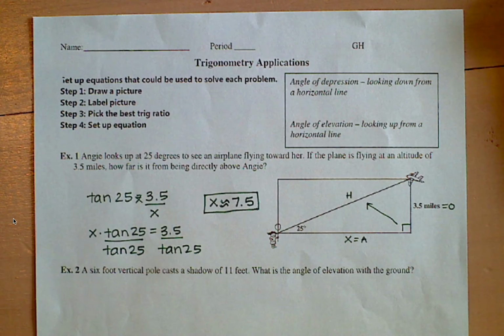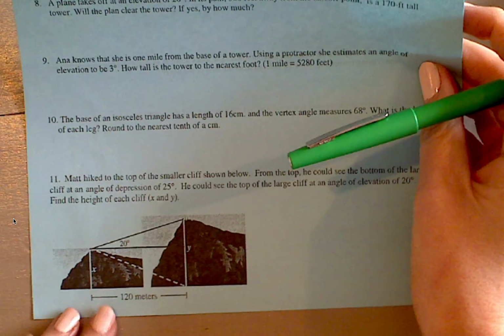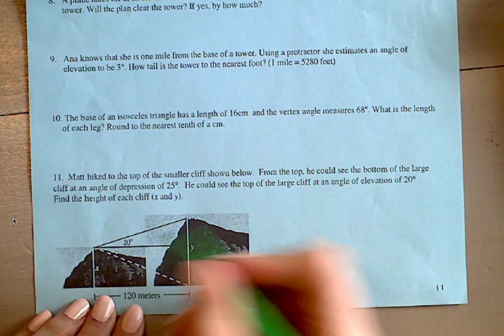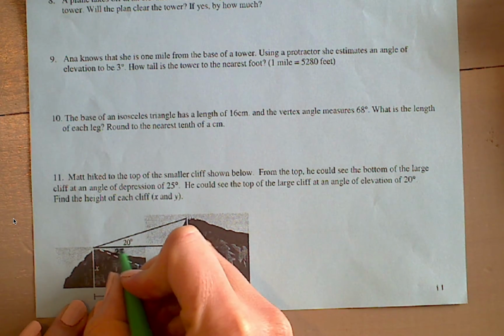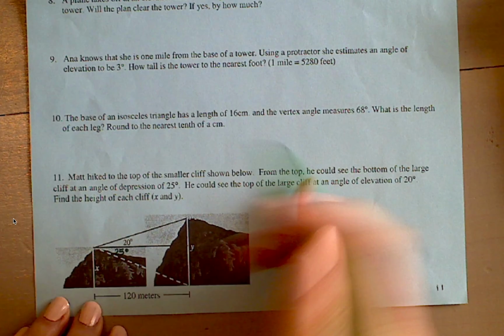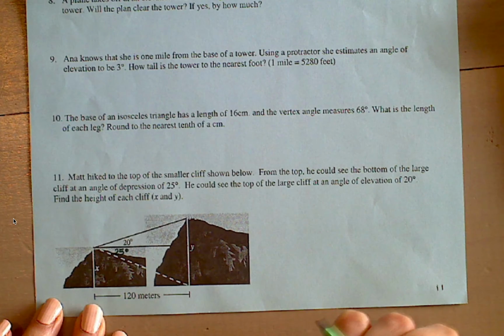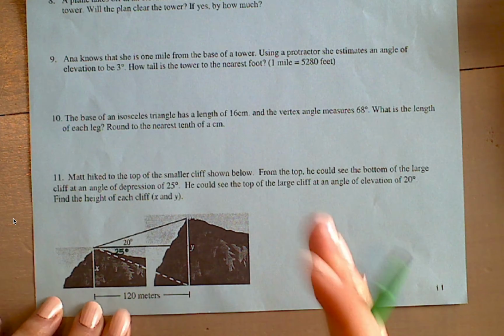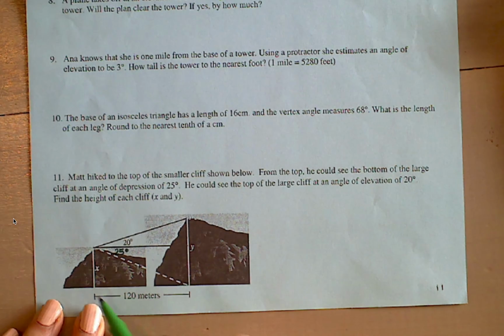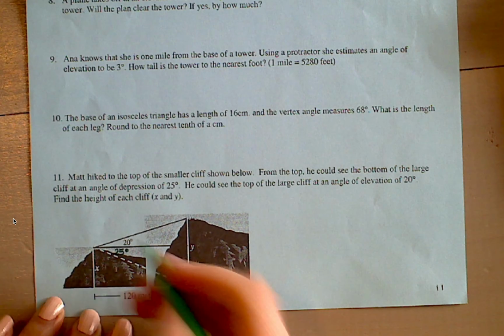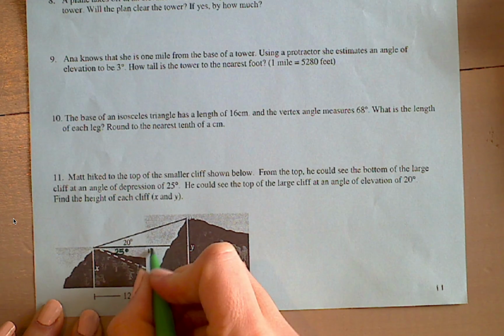The only thing I wanted to mention is the last problem, which is kind of the hardest one. You can't really see it, but there's a 25 labeled here, so at 25 degrees. That's talking about the angle of depression that he has here. I want to start setting this problem up for you. First thing is if this is 120, then this leg is also 120.